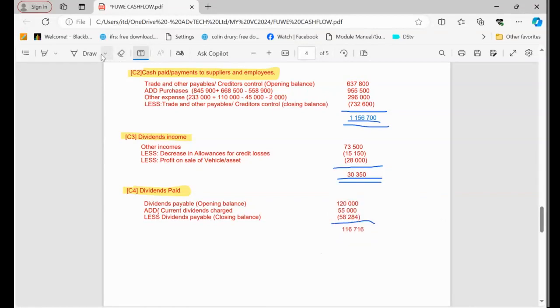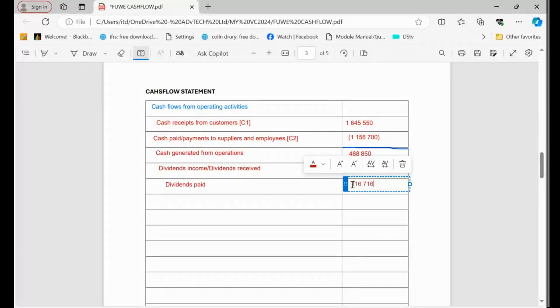Thank you. So this is the amount that we are going to put as our dividends. But we must not forget that it's an outflow. I put brackets, because it's an outflow of cash.